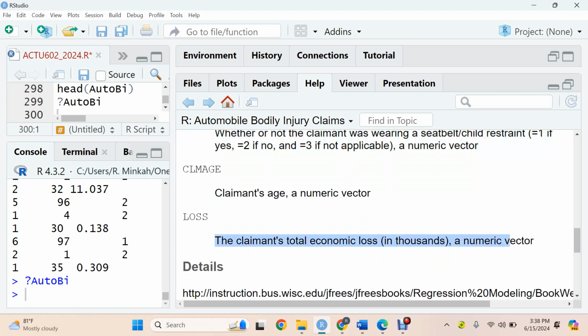Claimant's total economic loss, and it's a vector. So we want you to describe this data. What kind of statistics will you use? And then you can go to R and present it. That's what I mean.